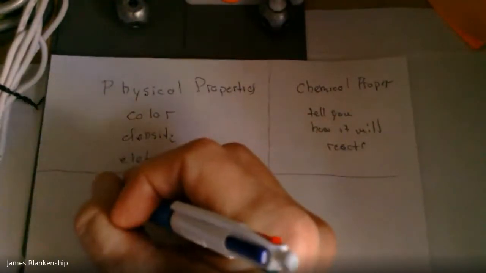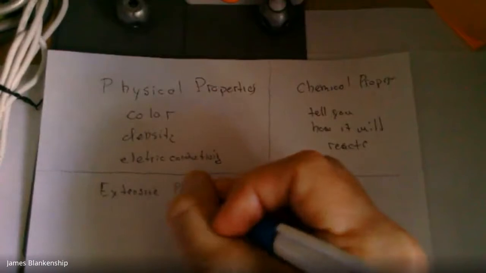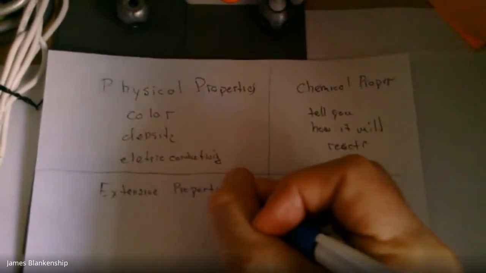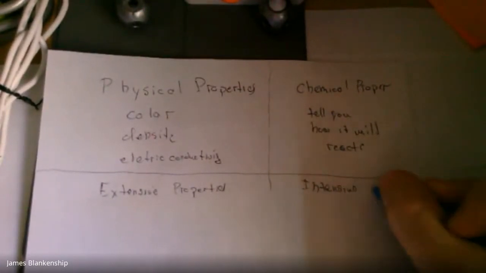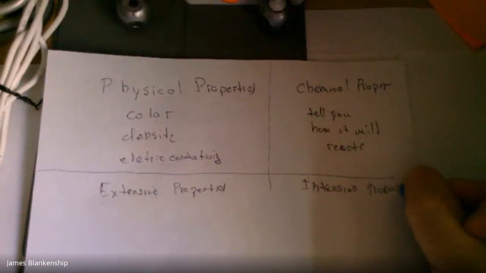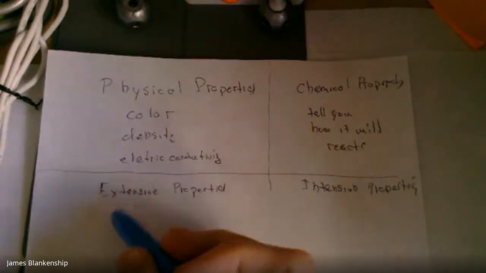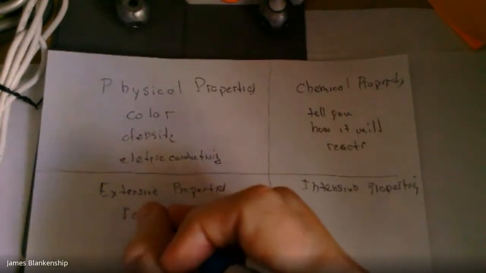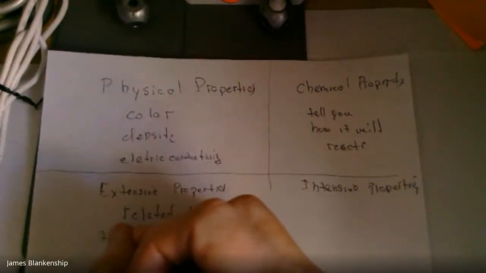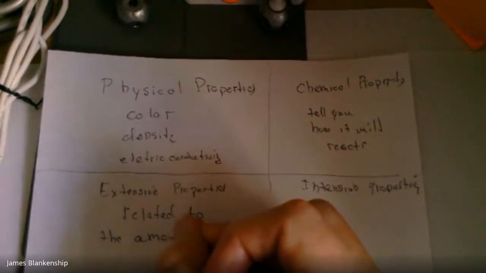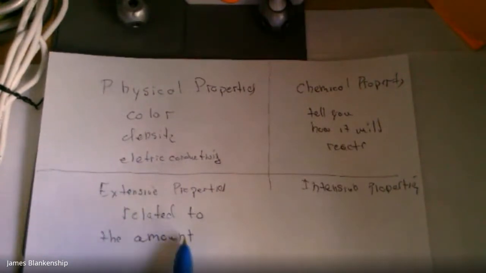The next thing to talk about are extensive properties and intensive properties. Now, extensive properties are related to the amount. It is related to the amount of the compound that you have. Compound, element, whatever it is, if it's an extensive property, it's going to be related to the amount that you have.